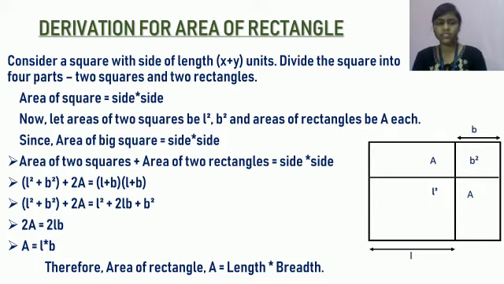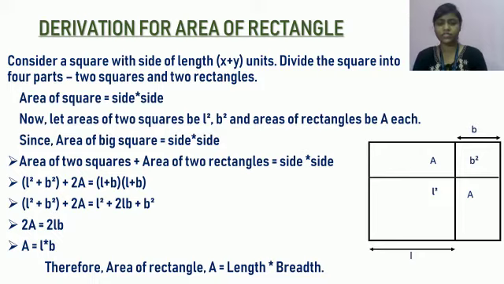Now we know that area of a square is equal to side into side. So here area of the big square equals side into side, and that implies area of 2 squares plus area of 2 rectangles is equal to side into side.